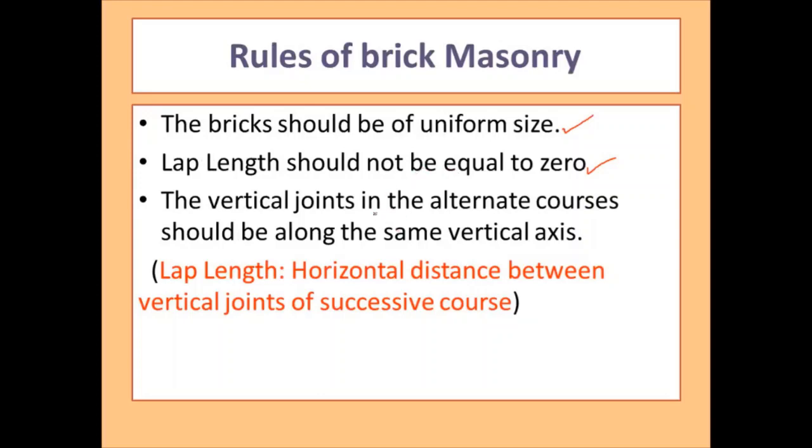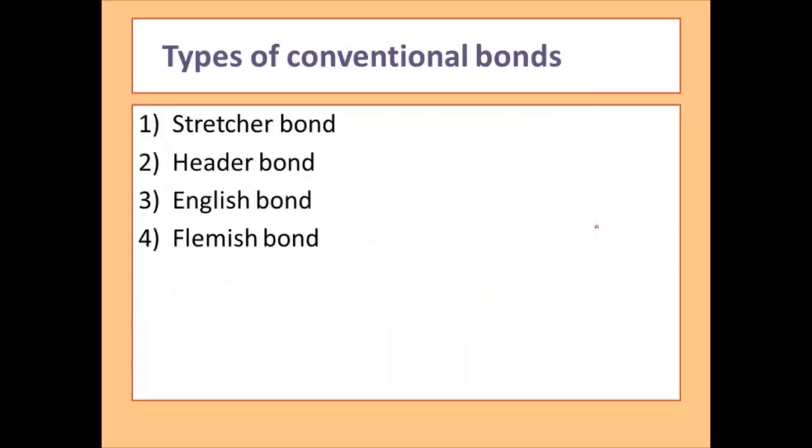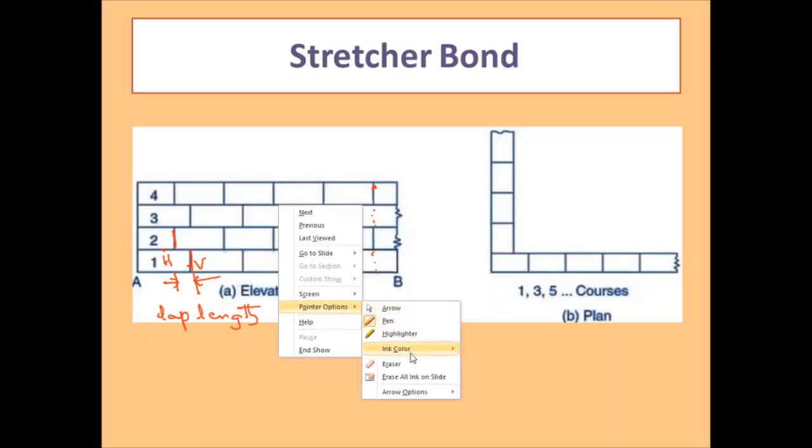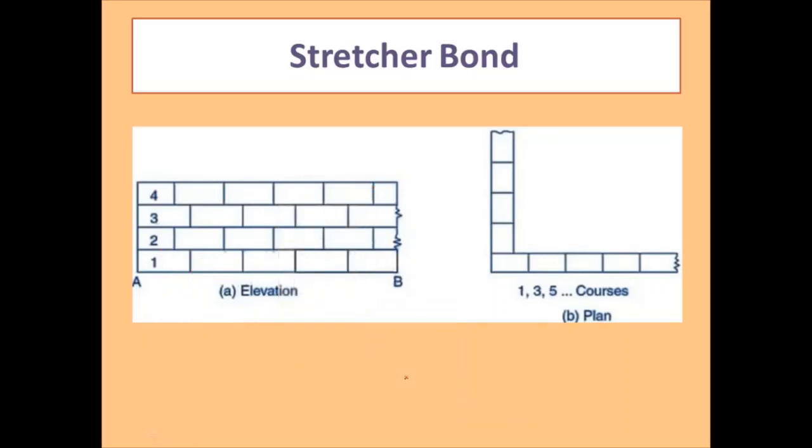The third rule is that vertical joints in the alternate courses should be along the same vertical axis. You can see here, if you look at the first course and third course, the vertical joints of alternate courses, that means the 1st and 3rd course or the 2nd and 4th course, are in the same line or along the same axis.